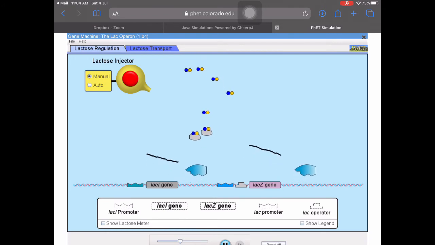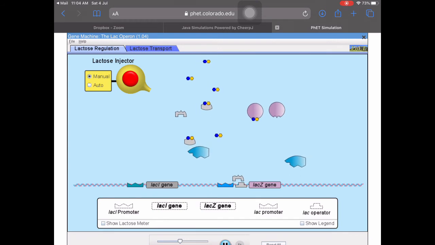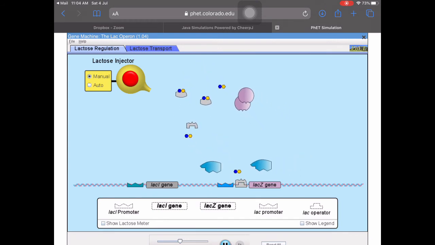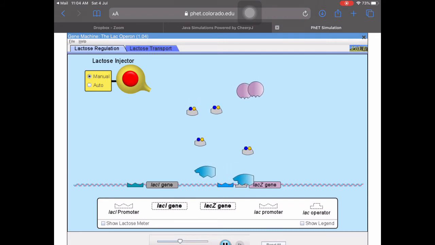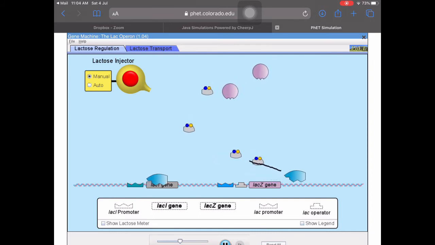The messenger RNA will now translate to produce the enzyme beta-galactosidase, which breaks this lactose into glucose and galactose. So as long as we have lactose present in the medium, the repressor protein will not bind, or it will leave the operator site free, and Lac Z will be able to express itself.